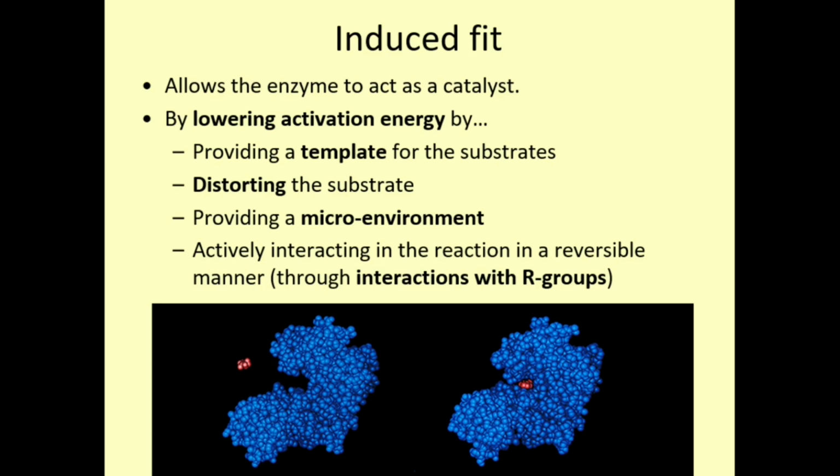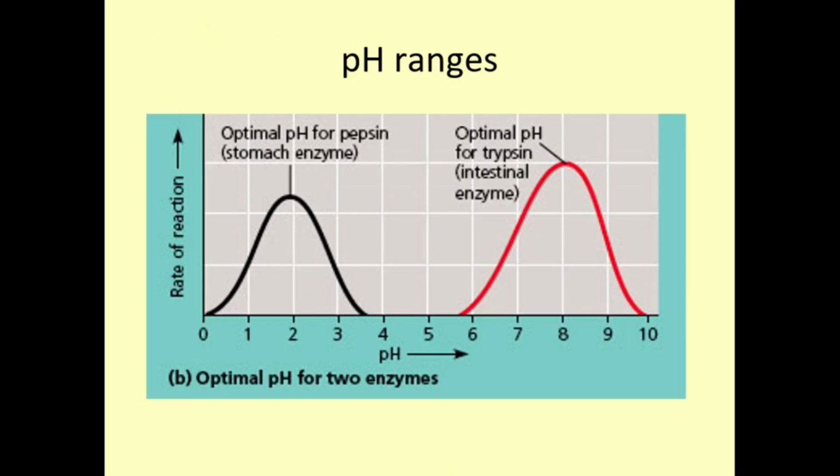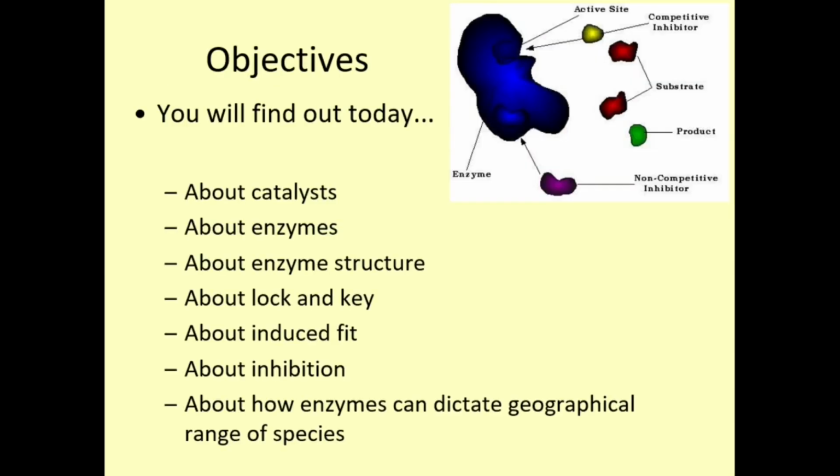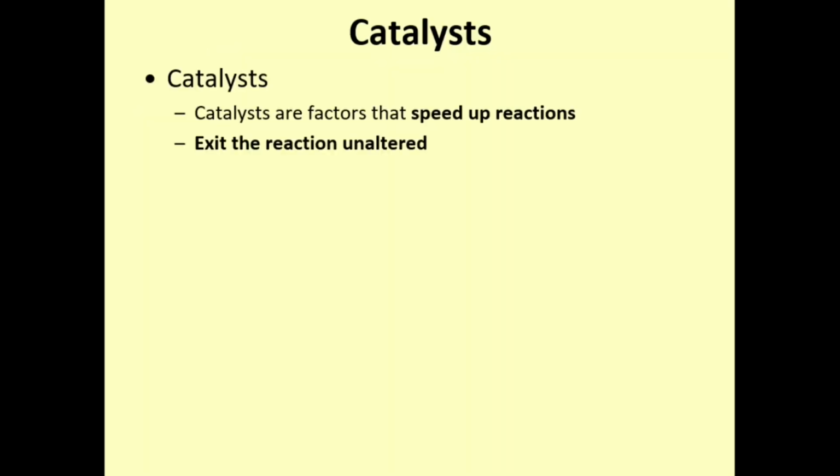It's because of the second rule of Enzyme Club. If you haven't seen Fight Club, that will make no sense to you. But if you have, we know that the first rule is that catalysts are factors that speed up chemical reactions. But the second rule is that they exit the reaction unaltered or unchanged. Okay, so we've got two rules of catalysts and therefore enzymes.